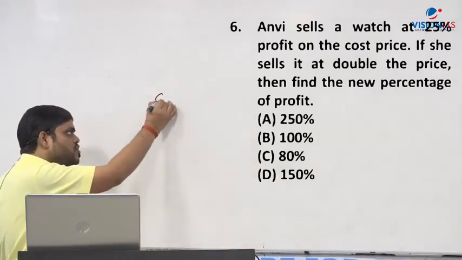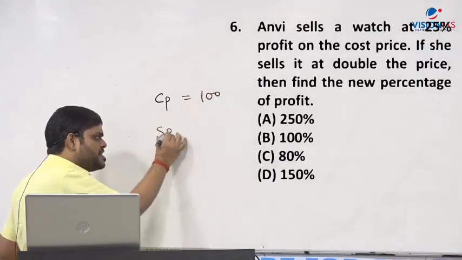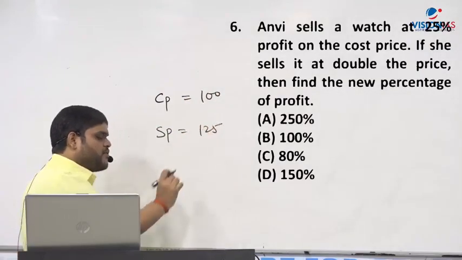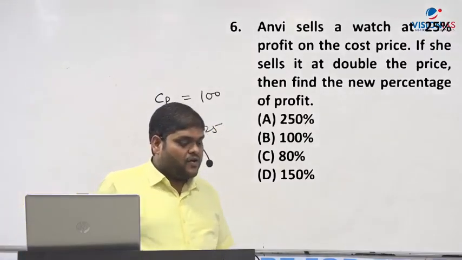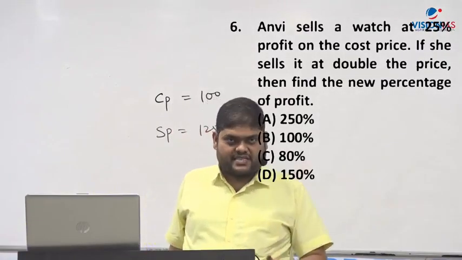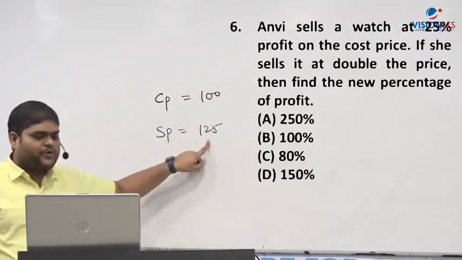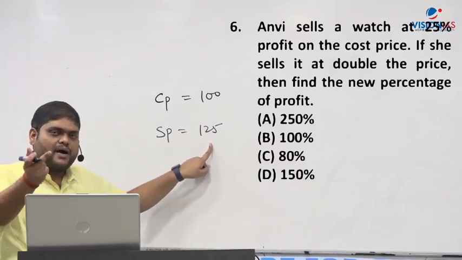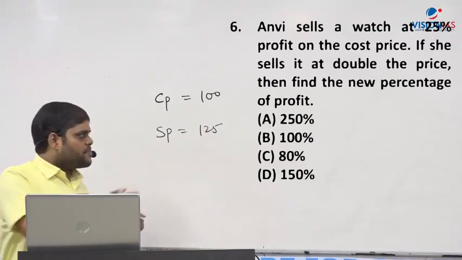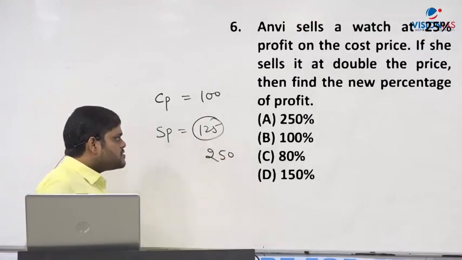Here also, let CP be equal to 100. SP is equal to 125. Why 125? Because of 25% profit. Now, if she sells at double the price, that means she was selling initially at 125, and now she is selling at double the price, so now she is selling at 250 rupees.